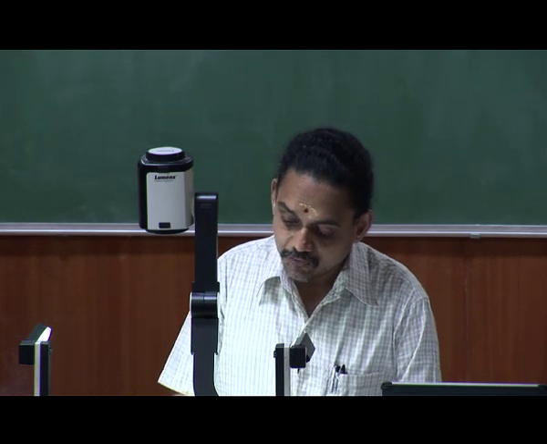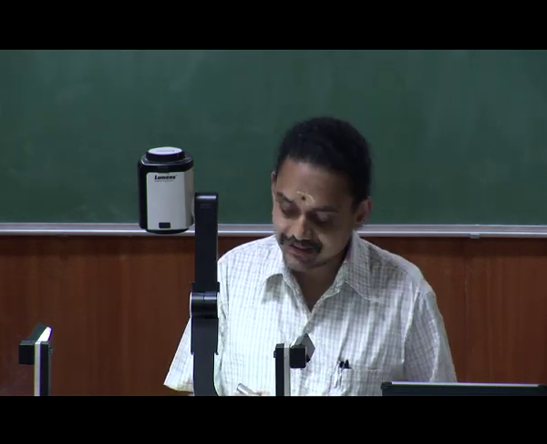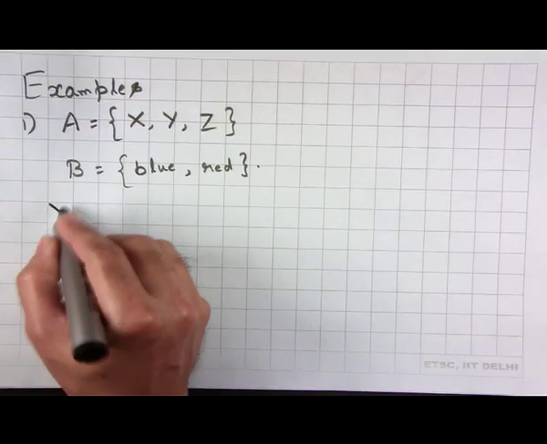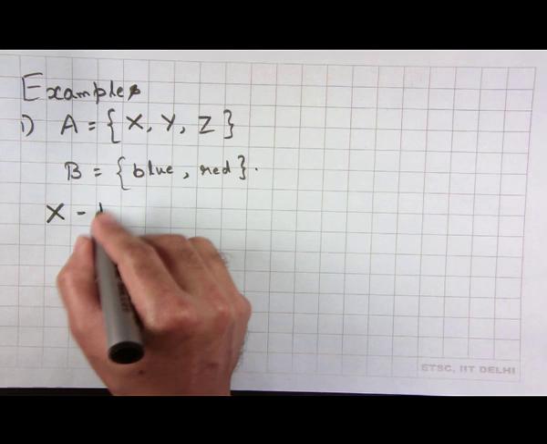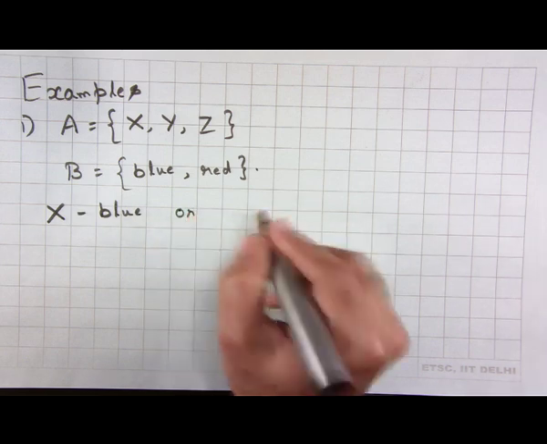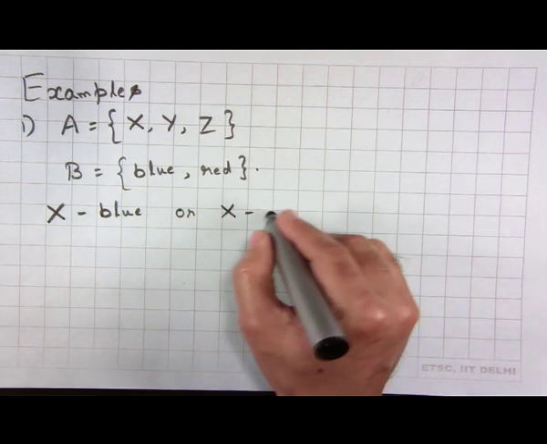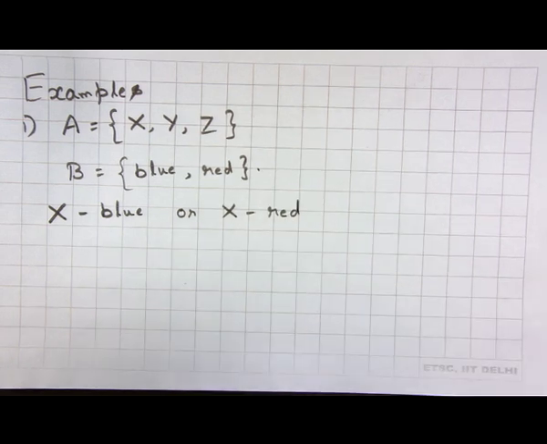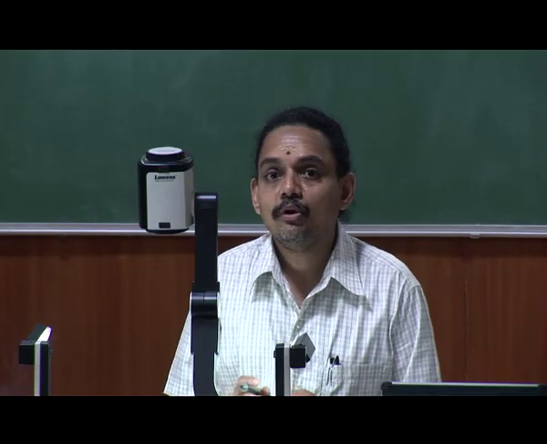Now, what are the various possibilities through which you can fill those bags? You can fill the bag x with a blue color ball, or you can fill the bag x with a red color ball, because we know that each bag can contain only one ball.